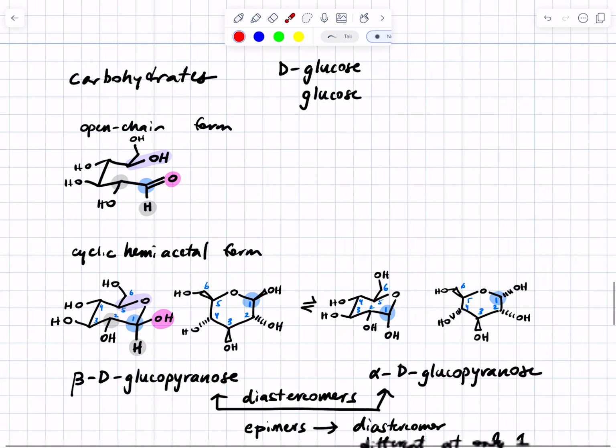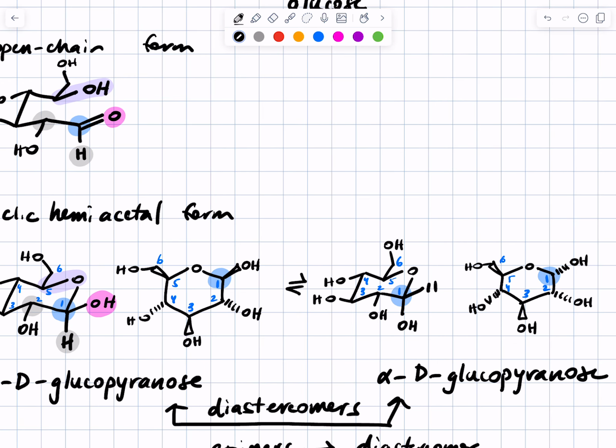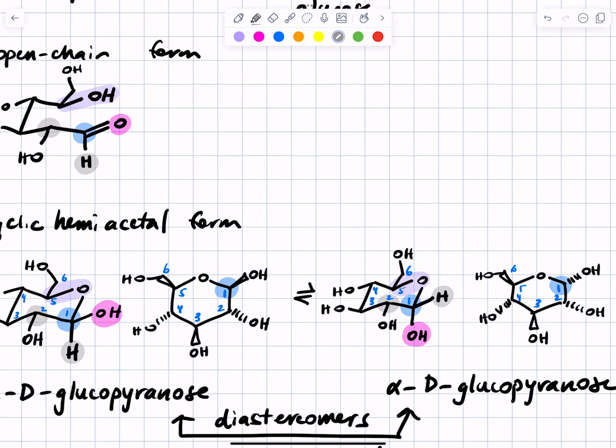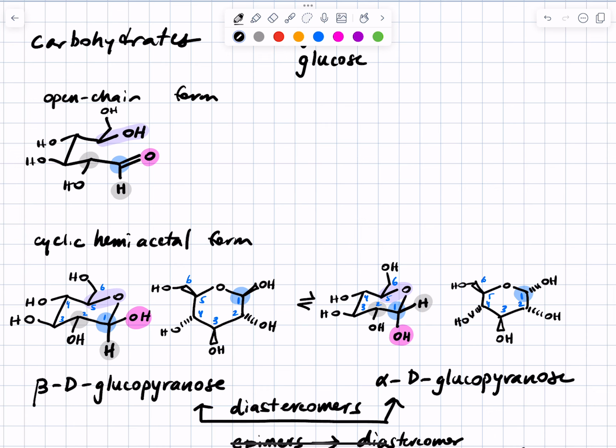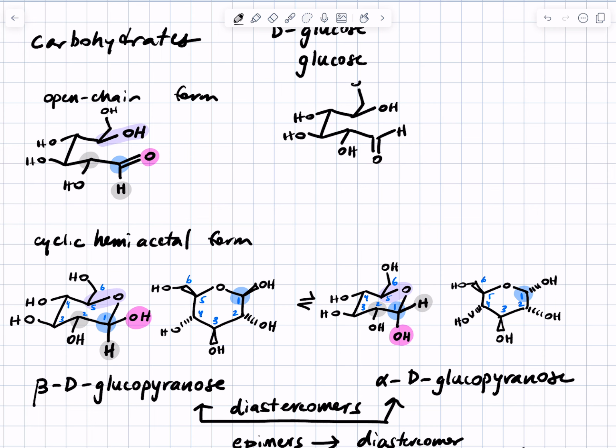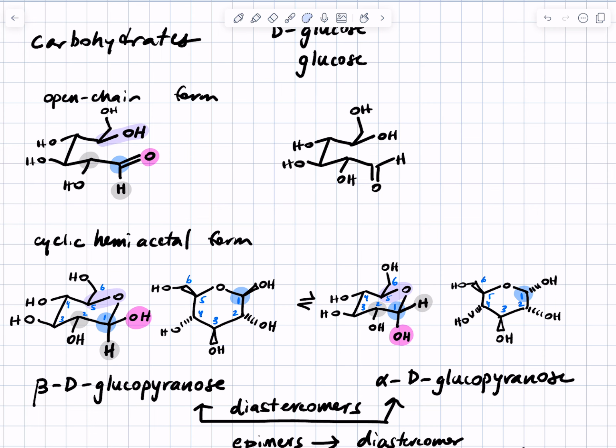And it turns out that similarly, the alpha anomer also has a hemiacetal carbon in blue. What's pink used to be the carbonyl oxygen. What's blue used to be the carbonyl carbon. And then that carbonyl carbon's bonded to another carbon and a hydrogen. And it's in equilibrium with the same open chain form. I'm going to draw it, and you'll see that the only difference between these two is that they are conformations of the same molecule.